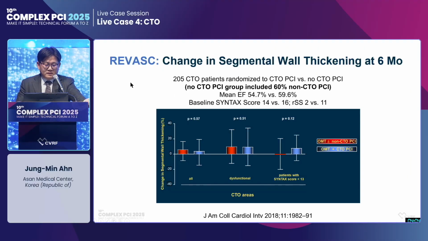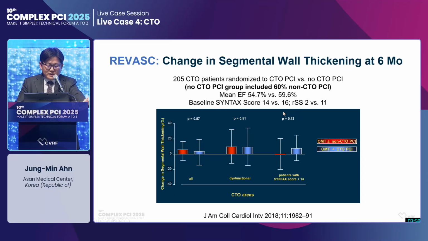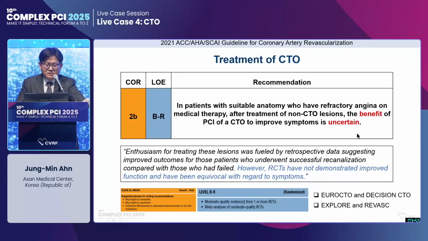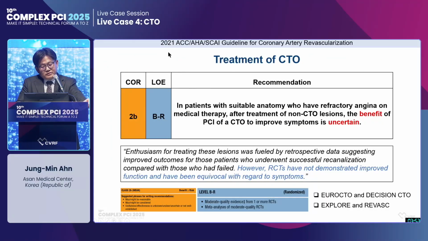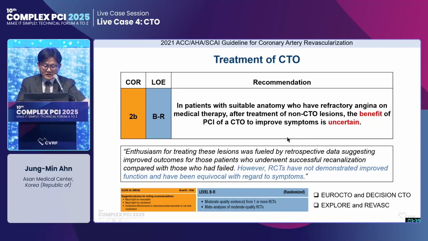Another study, REVASC, evaluated the change in segmental wall motion at 6 months, but there was no difference between the CTO intervention group and no CTO intervention. So the 2021 ACC guideline says, in patients with suitable anatomy who have refractory angina on medical therapy after treatment of non-CTO regions, the benefit of a PCI of CTO to improve symptoms is uncertain.